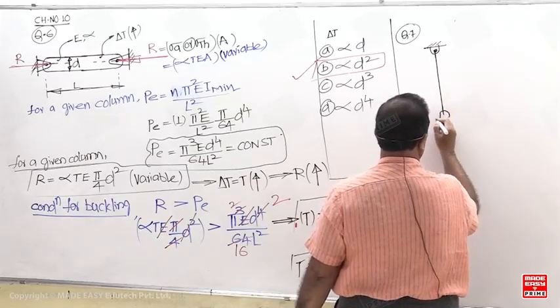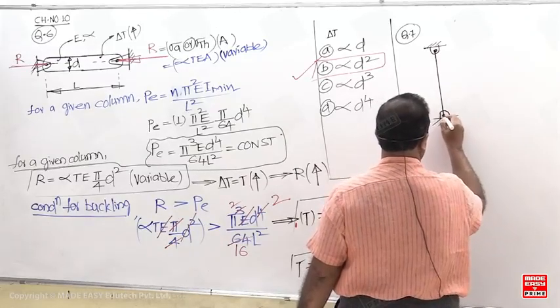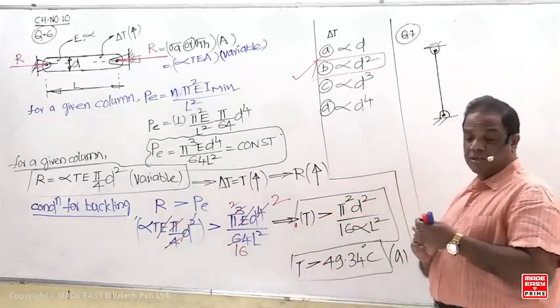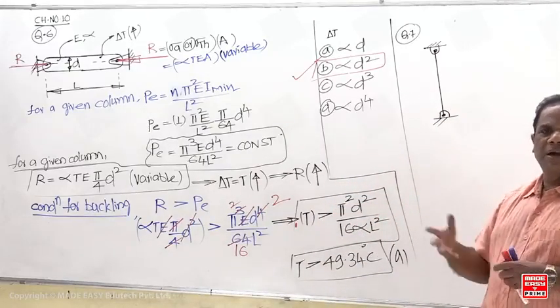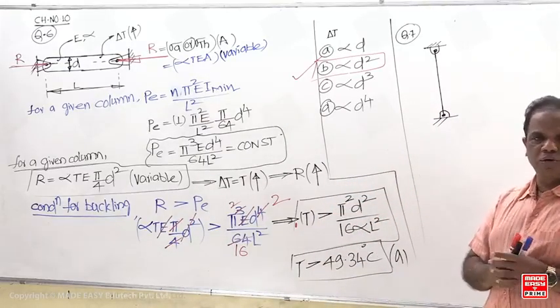A column is hinged at both the ends. A column is hinged at both the ends. And its buckling load is some 10 kilonewtons, given now.